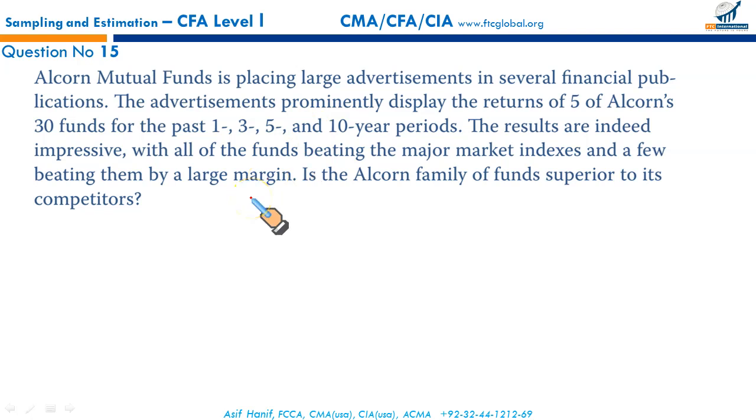No, we cannot say that Alcon Mutual Fund as a group is superior to competitors. The advertisement may easily mislead readers because it does not show the performance of all of its funds. In particular, Alcon Mutual Fund is engaging in sample selection bias by presenting the investment results from its best performing funds only.